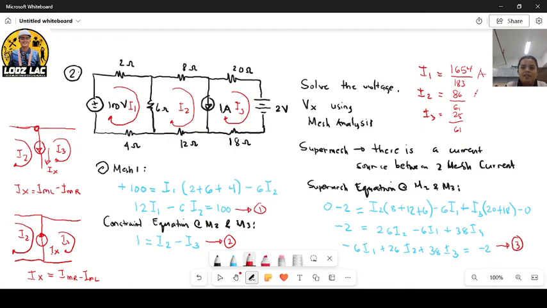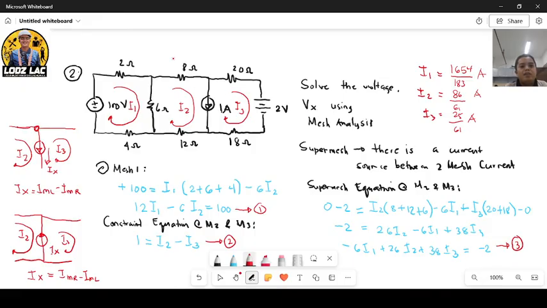These are all currents, I1, 2, and 3. So, if wala tayong na-miss dito na pag-add o subtract, we solve now for what is asked in the problem. So, the problem is asking for the voltage Vx. So, saan ba dito yung Vx niya?